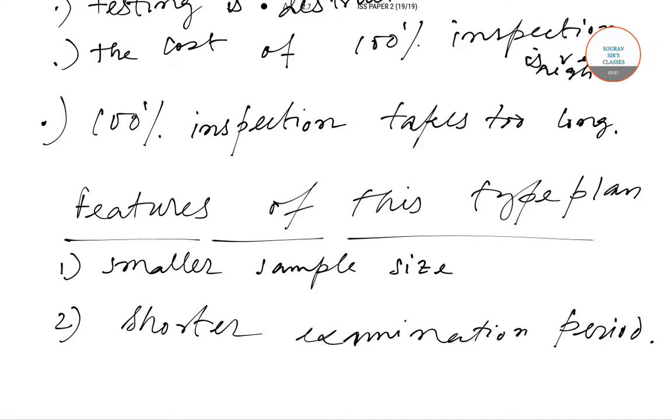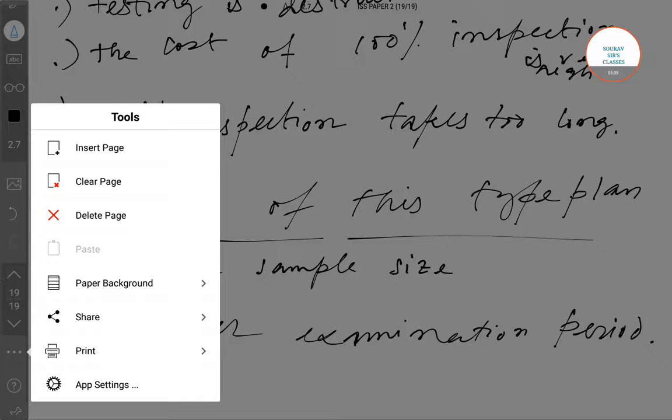Now we can also say that acceptance sampling is an inspection procedure used to determine the rejection or acceptance of a specific quantity of material.